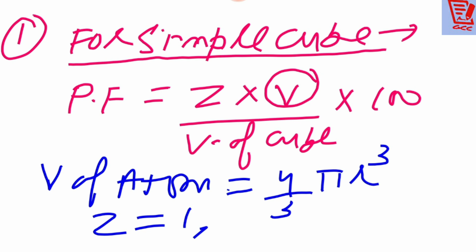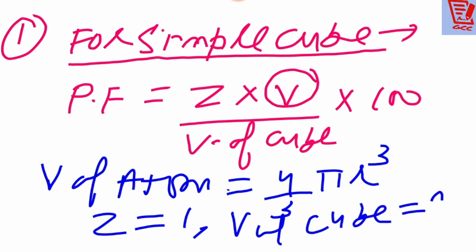Then after that, beta, the volume of cube will be equal to a cube. Yes or no? All these values we are going to fill over here in this formula, one by one. You just see there. The z value is 1, so I will write 1 there. Clear?